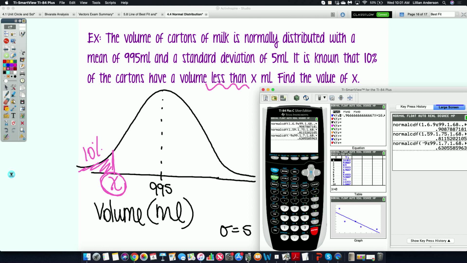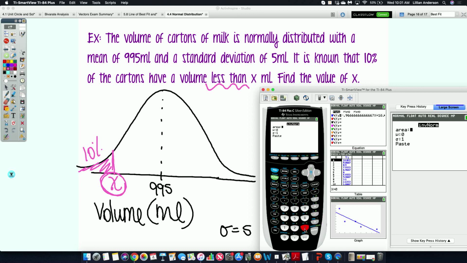So, we go to our calculator, second vars, just like before, but this time, I have to go to option 3, and this is what pops up. Area is the same thing as percentage. It's the same thing as probability. You have to type it in as a probability.